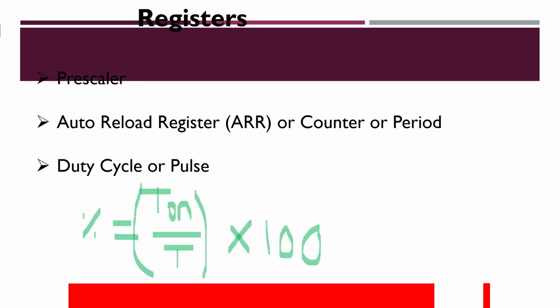Okay, this is actually the duty cycle. So duty cycle is nothing but the percentage is equal to T on by T into 100. So this is called as the duty cycle. Okay, so duty cycle is the percentage of on time, so that duty cycle percentage is given as T on by T into 100.